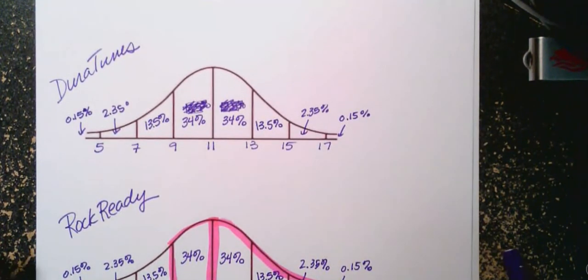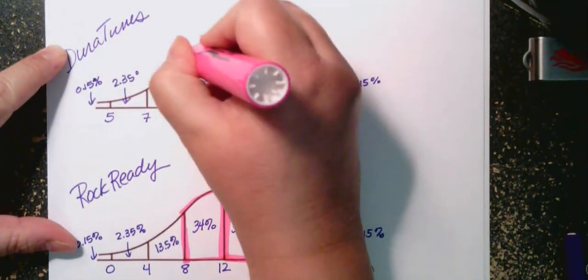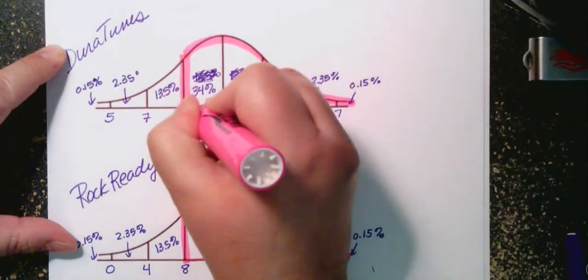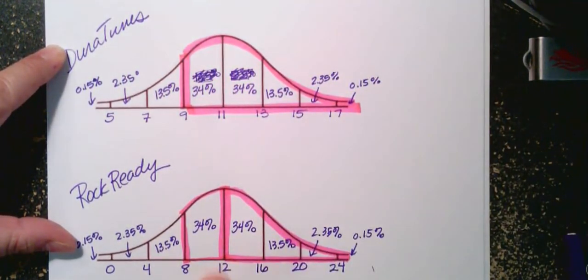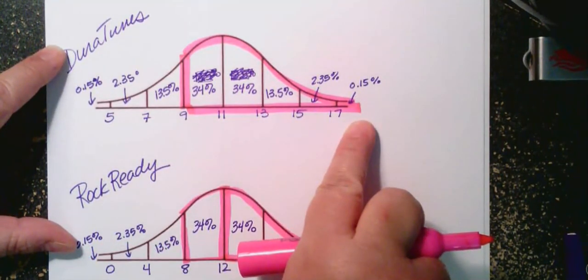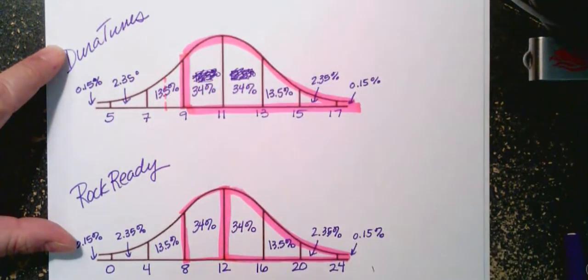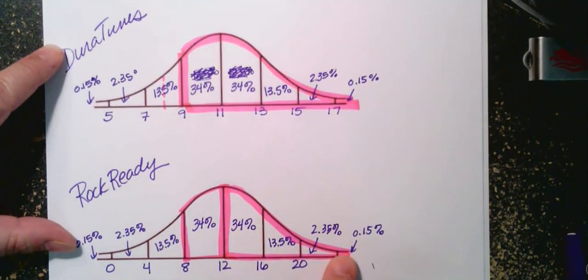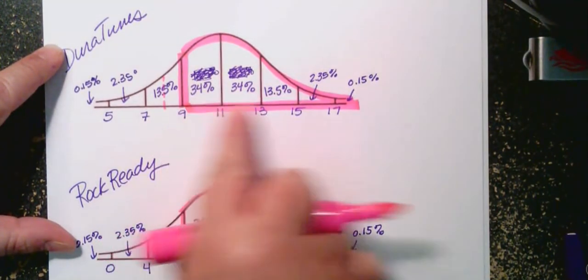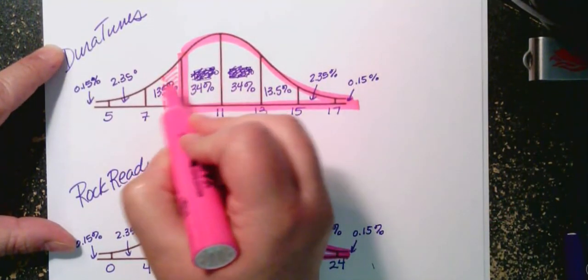Duratunes. Well, 8 is not on there. But here's the thing. The same percent as below here, one standard deviation to the left and up, is going to actually last 9 hours. And 8 is somewhere in here. So if that was 84%, this is 84% right in here. And then we also have this extra part here.